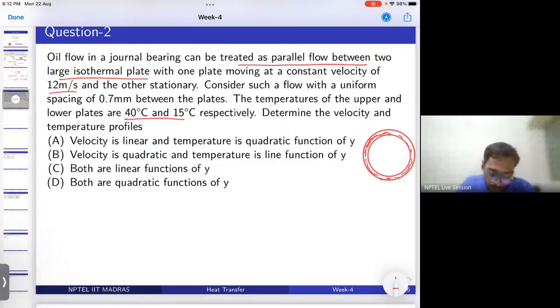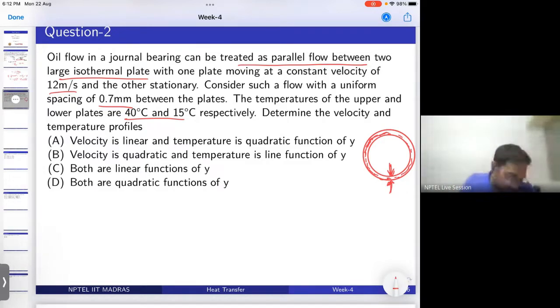Oil is filled in between the bearing and the shaft so that metal to metal contact will not occur and wear and tear can be reduced. So this is the practical situation. We can approximate this as a flow between parallel plates, because the thickness of this oil film, or the clearance, will be very small. As you see, it's only 0.7 mm. So we can consider it as a flow over a flat plate.